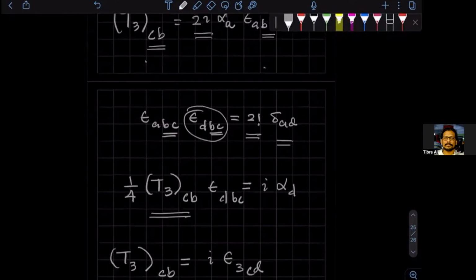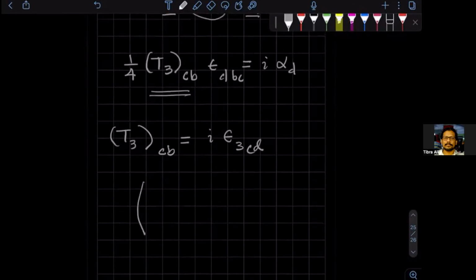Okay. If I go back to T3, you see that it's only non-zero when the row and column are 1 and 2, right? And the sign flips. So okay, there's some i here. So this is basically T3.